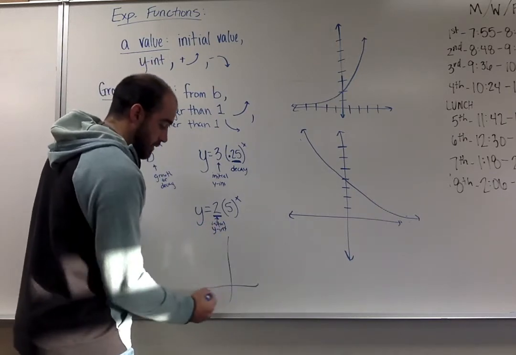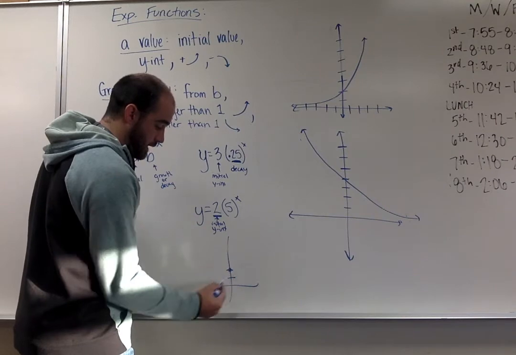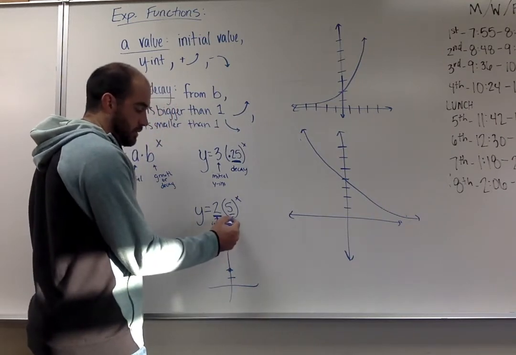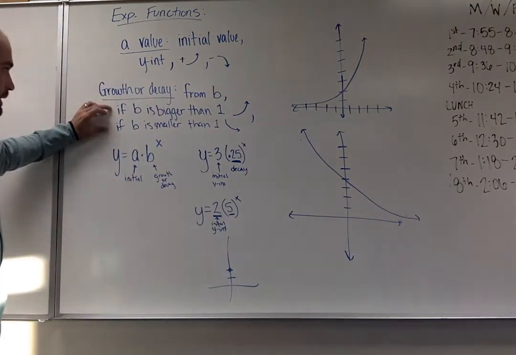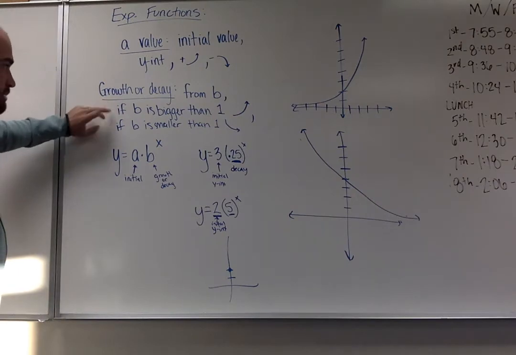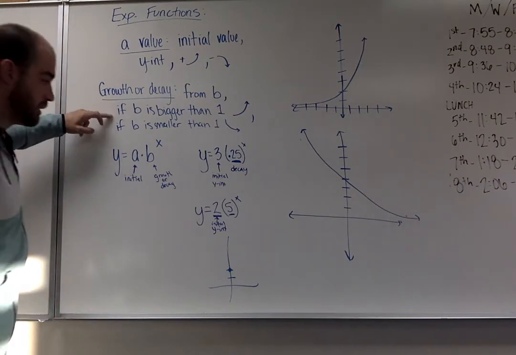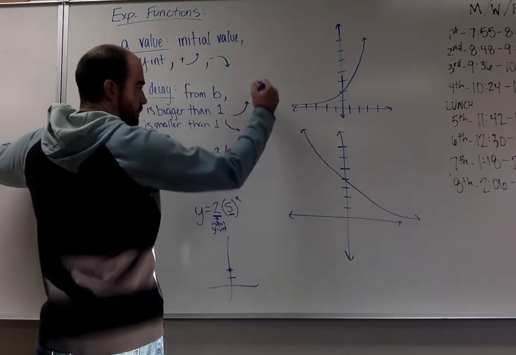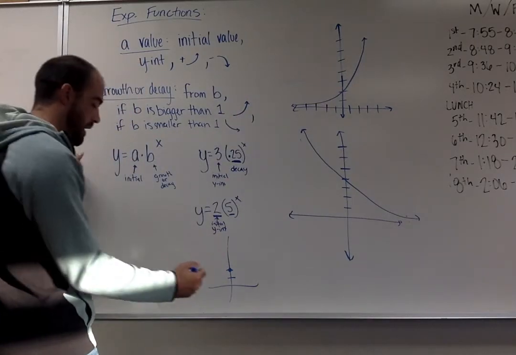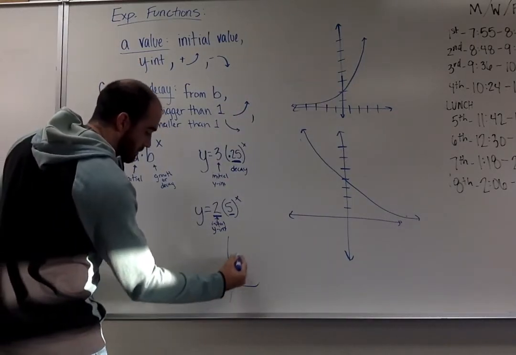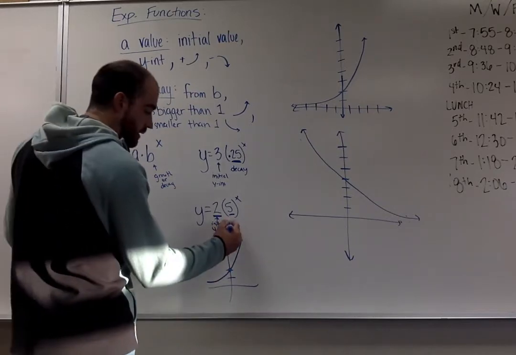So if I'm looking at a graph, I know up at 2 I've got my first dot. This 5, again looking at my growth or decay from B, if B is bigger than 1, 5 is definitely bigger than 1, I know I've got my graph curving up. It is a growth model. So I'd have a line going up, and I know it's growth.